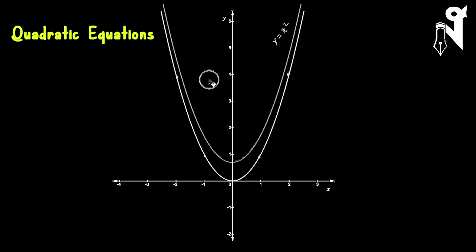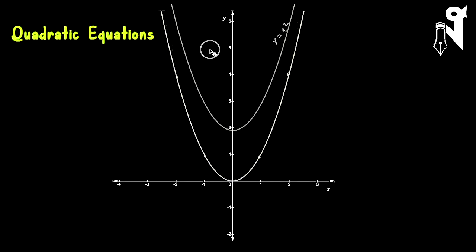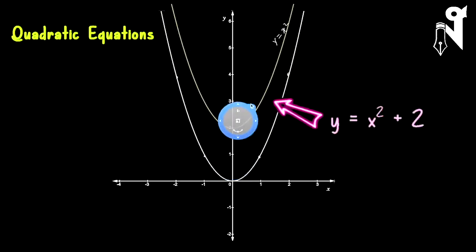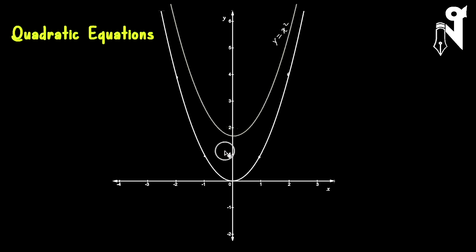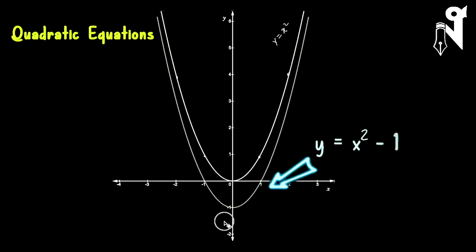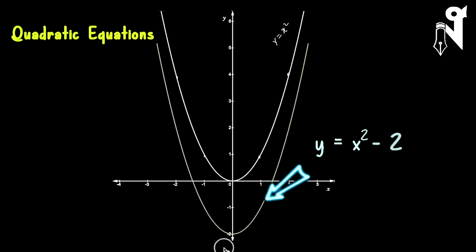Watch this green graph. It's the y is equal to x square graph, and I'm taking it vertically up. And if it lands here, it is y is equal to x square plus 2 now. It's a different polynomial, but it's the same x square graph which has been lifted up. And if I make it go down, it is y is equal to x square minus 1 here, and y is equal to x square minus 2 over here.